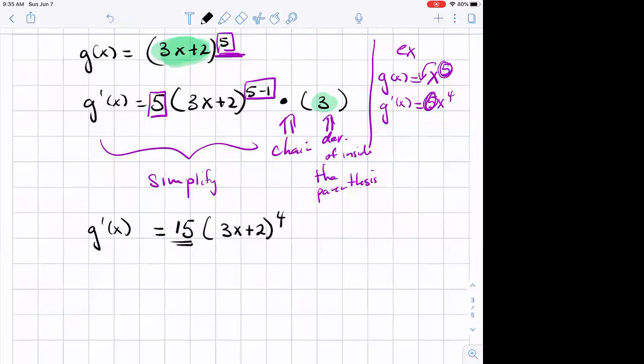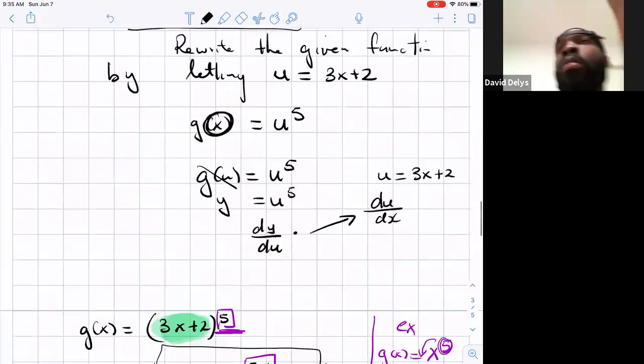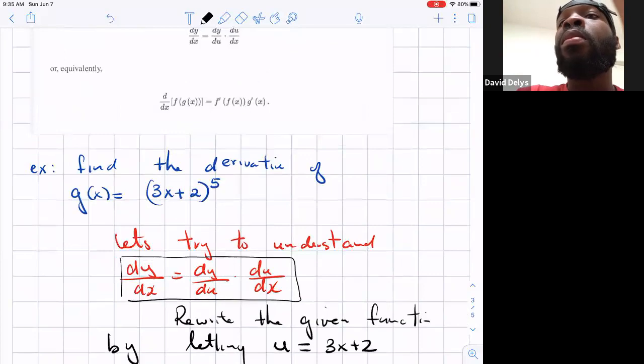Why 15? Because we have a product here, so 5 times 3 becomes 15. So you can see that this formula can be simplified.